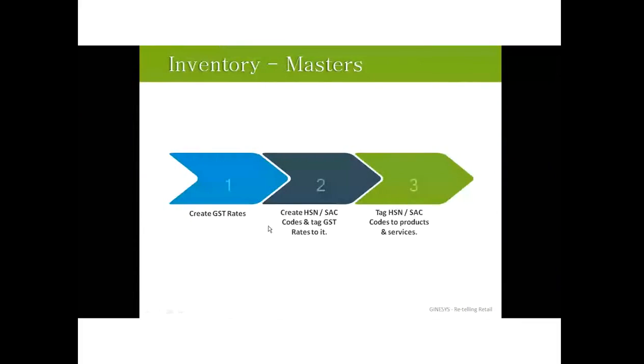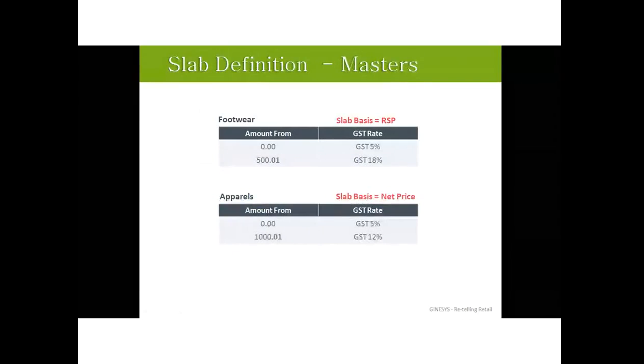Now, I'll get back to the examples which I was discussing. As per the current GST rules and laws, slabs are applicable on two categories, basically footwear and apparels. In footwear, the slab is applicable from zero amount, like all the products having RSP under 500 shall be charged at 5%, and all the products above 500 RSP will be charged at 18%.